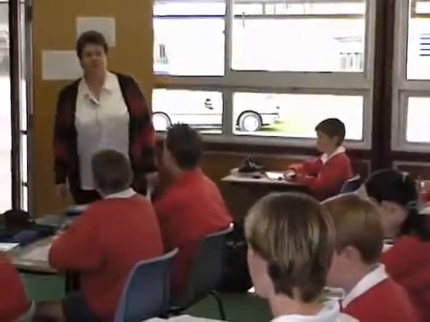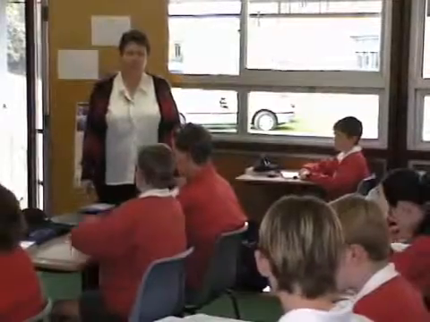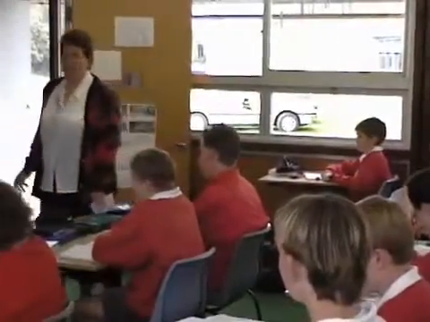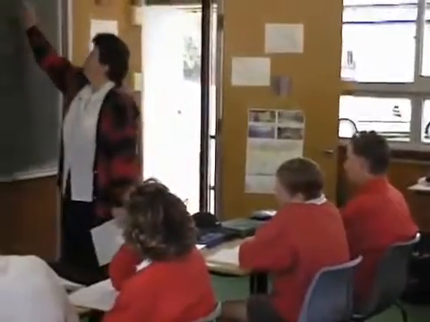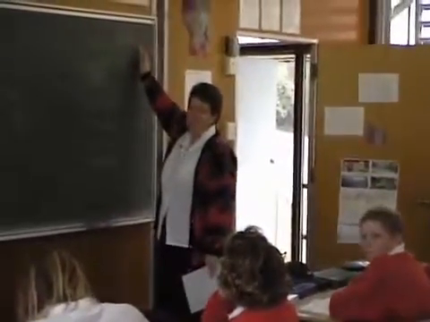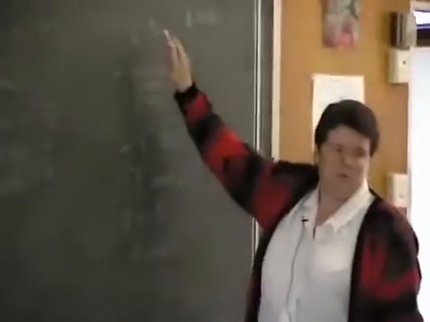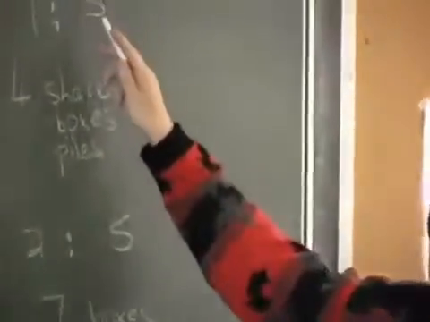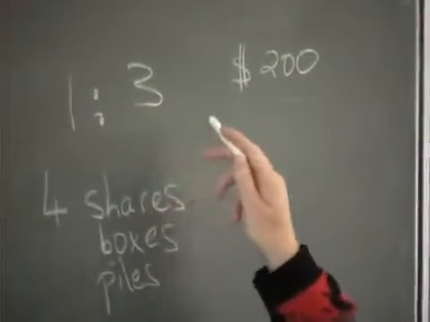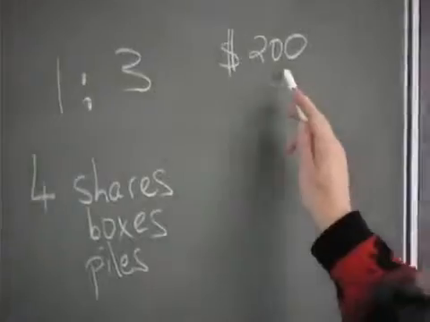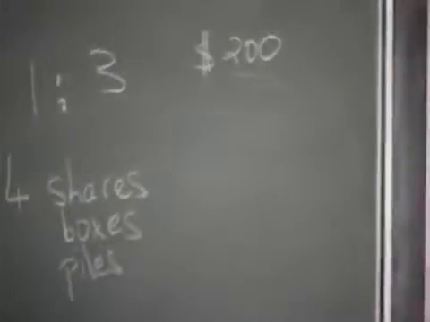Now the whole idea about dividing things up in a ratio is that you have equal amounts in each of your 4 boxes. So what will go in 1 box if you have to fill 4 boxes equally?